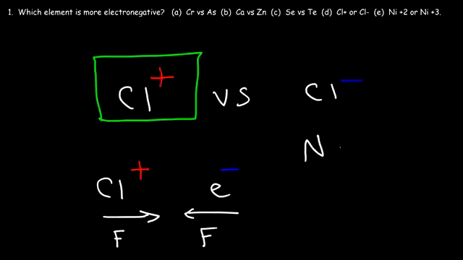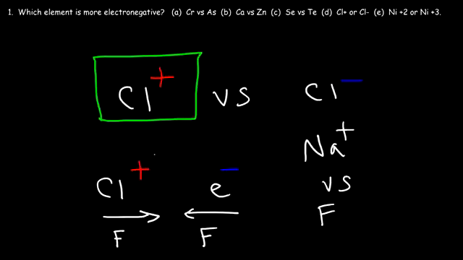Because if you compare Na plus with fluorine, fluorine really wants an electron. If it's next to an electron, it will acquire it. However, if you put an electron next to the sodium ion, it doesn't want an electron. It's happy the way it is. So not all positively charged ions are more electronegative than neutral atoms.